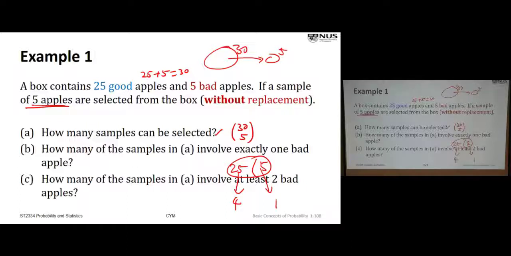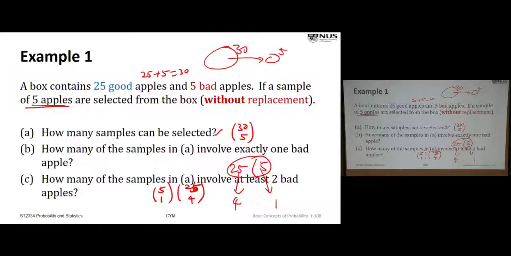For each choice of the bad apple from the 5 bad apples, you can choose 4 out of 25 ways to choose the good apples. So you have to apply the multiplication rule.